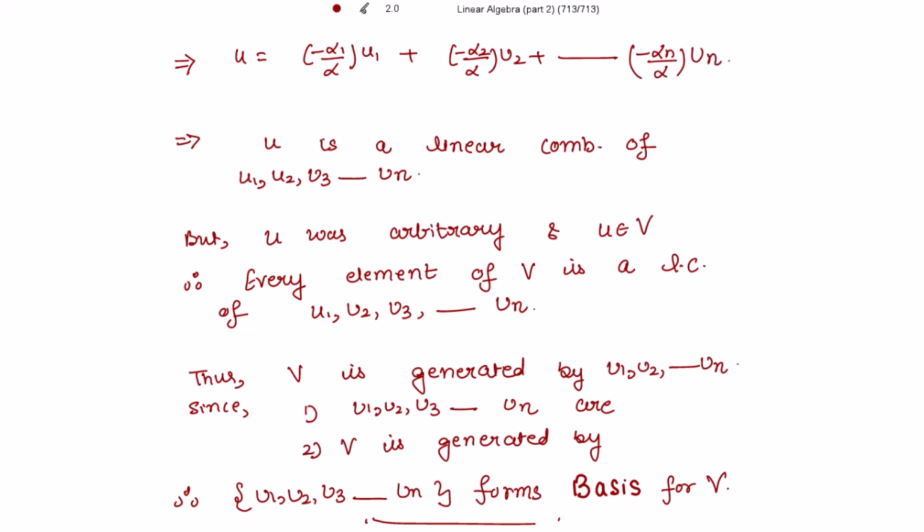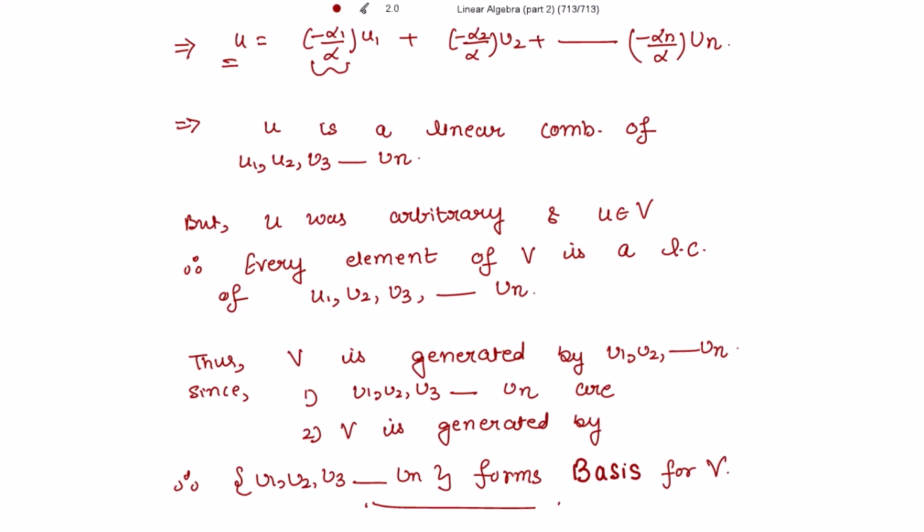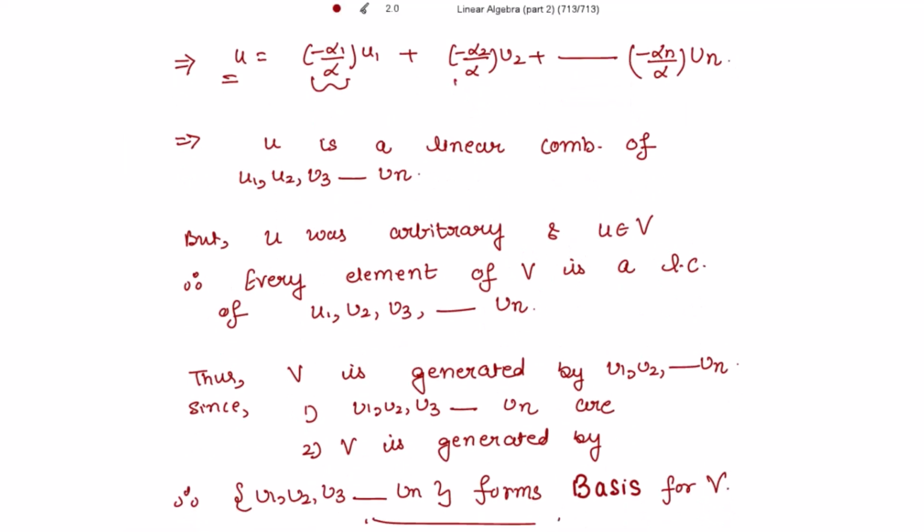Fine. What does this mean? That this is a scalar in itself. This is also a scalar. This is also a scalar, right? If you name these scalars as beta 1 u1, beta 2 u2, beta n un, which means u is a linear combination of u1, u2 up to un.